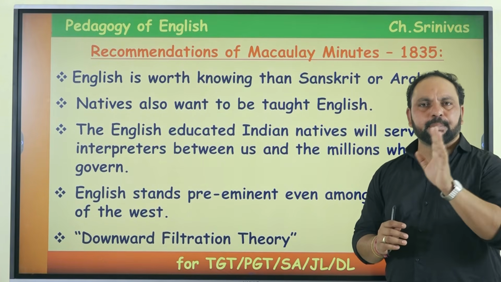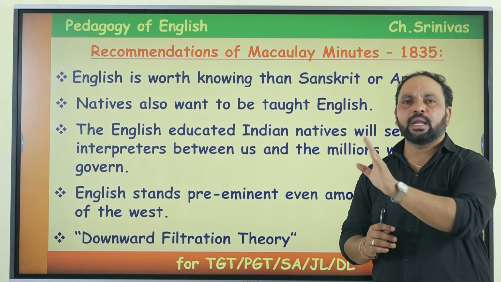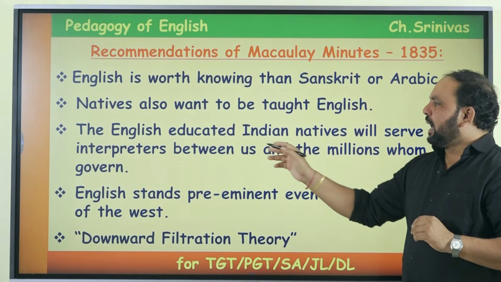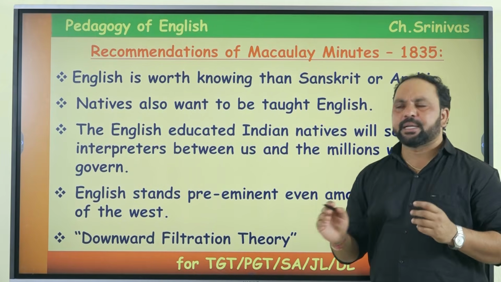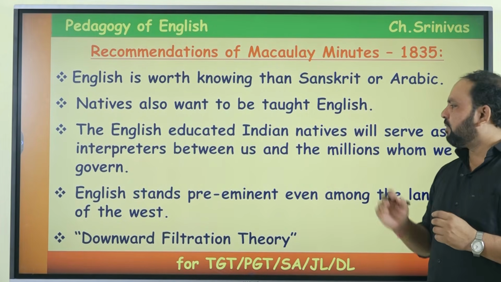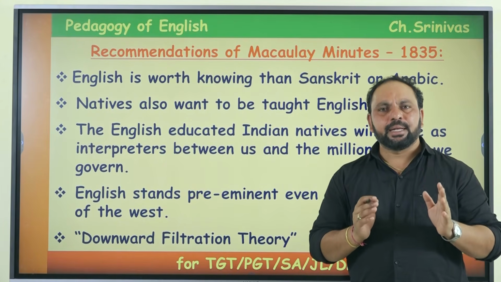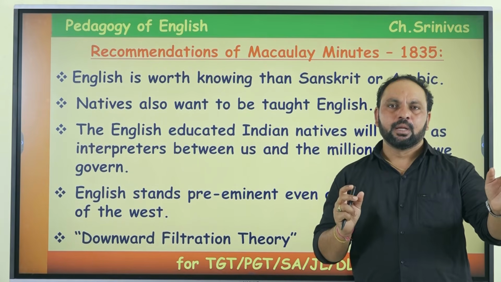He said through his Macaulay's Minutes that Indians showed eagerness to learn English language. So that was proclaimed by him in his minutes. And the English educated Indians, natives, will serve as interpreters between the British government and Indians.